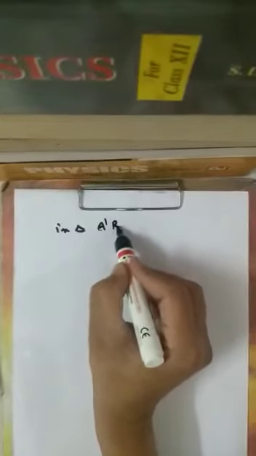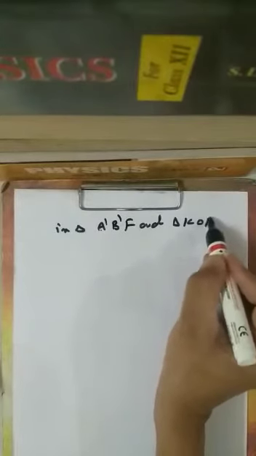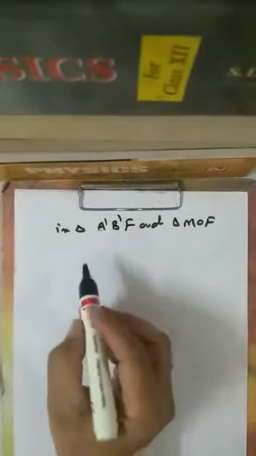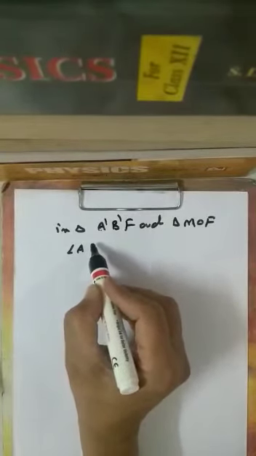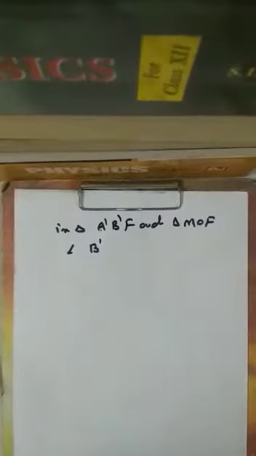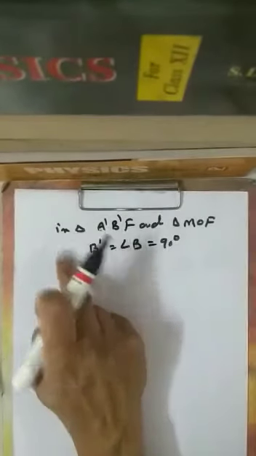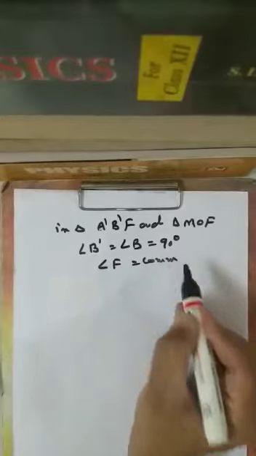In triangle A dash B dash F and triangle MOF, angle B dash is equal to angle O, which is 90 degrees, and angle F is common to both.